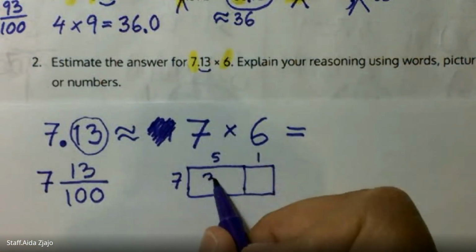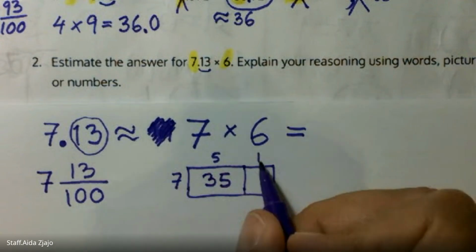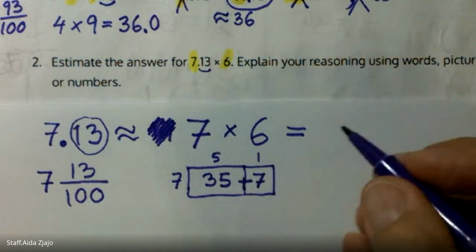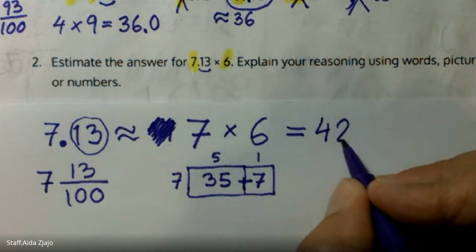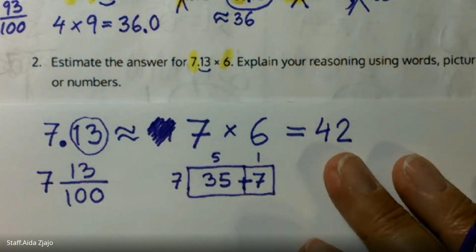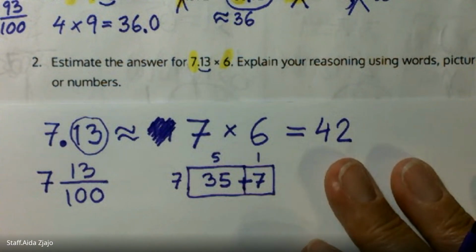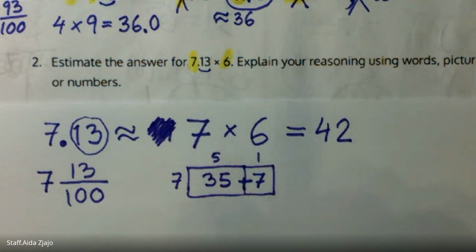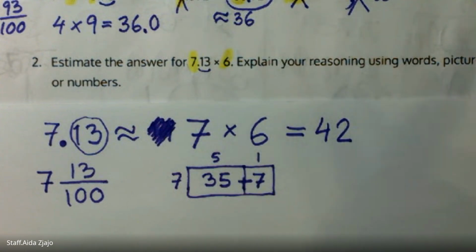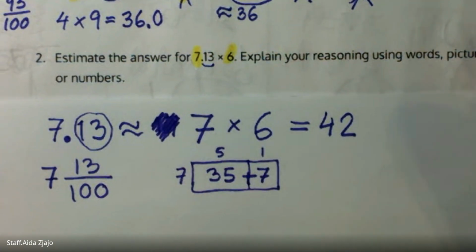So 7 fives is 35, and 7 ones is 7. When you add 35 and 7, you get 42. So my estimate is about 42. Explain your reasoning, use words, pictures, or numbers. Okay, so that's one way of seeing it.